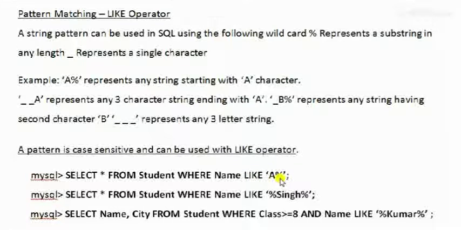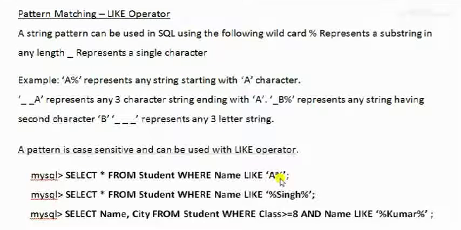For the mod wildcard or the underscore wildcard, the like operator will be used instead of the equal to sign. So select all from student where name like a mod. Any text which starts with a will be represented as a mod.